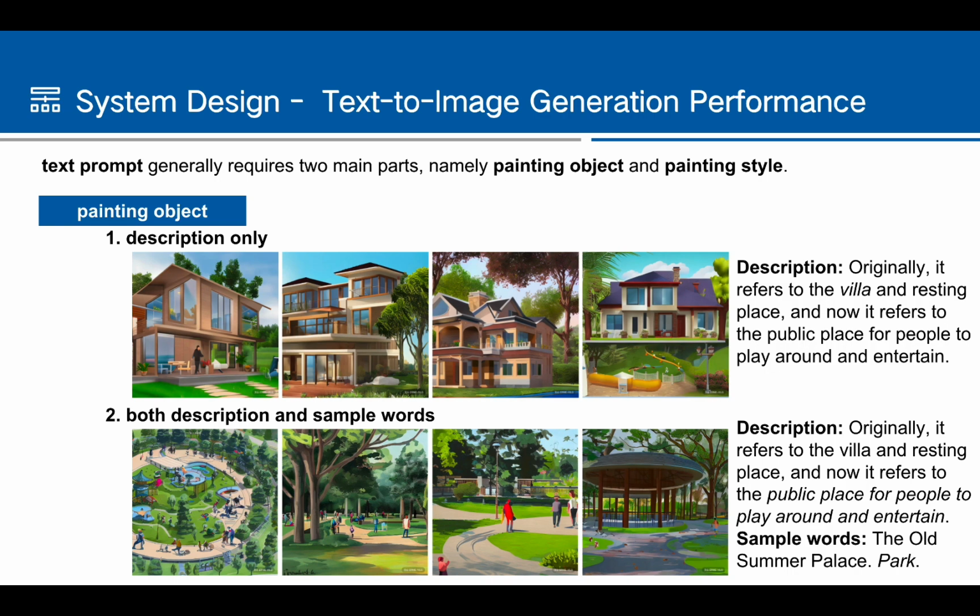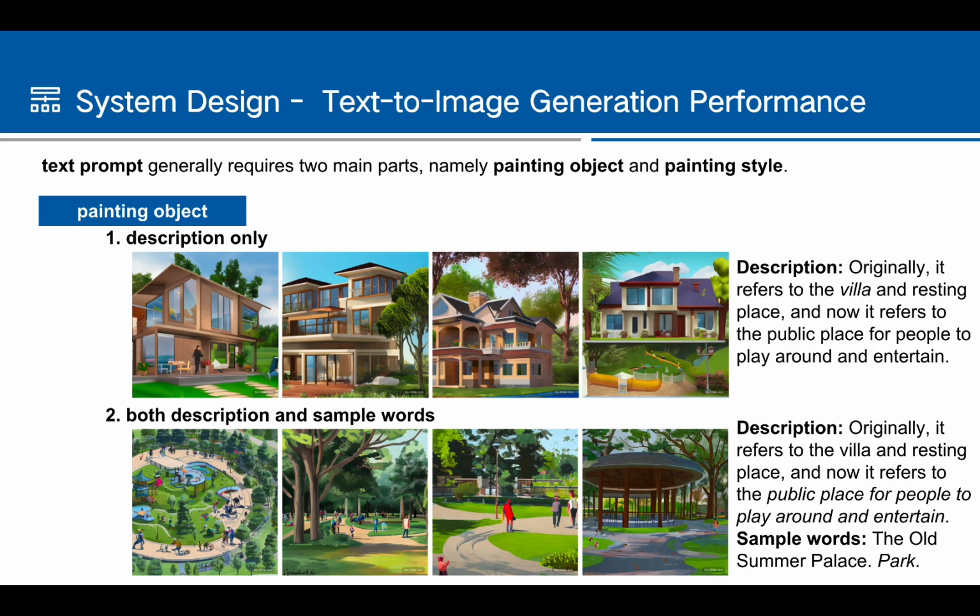The construction of the text prompt is important to the text-to-image generation model, which generally requires 2 main parts, namely painting object and painting style. For the painting object, we investigate 2 categories of text prompts with help of character definitions, which are description only and both description and sample words.